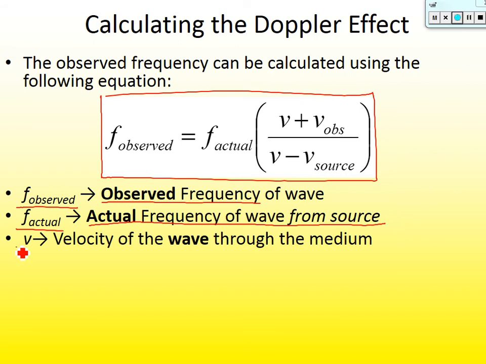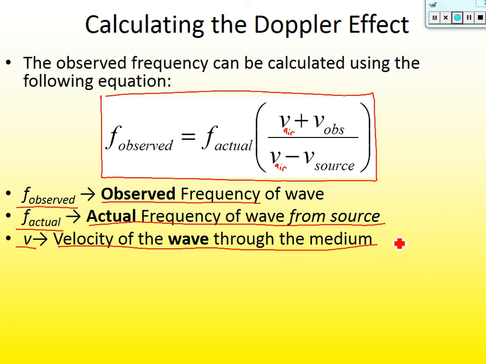Okay, V. You see V a couple of places. And actually, I like to write "air" underneath both of them. So if you want to put that in your notes, this is the velocity of sound in air. So it's the velocity of the wave through the medium. Most of the time we're talking about sound waves, and most of the time it's going through air.